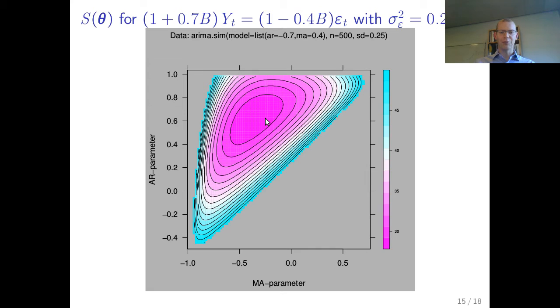You should be aware of one thing, that is the AR parameter here is positive, whereas if you move this to the right hand side, it will be negative. So the estimate you'll get in ARIMA would be negative. That's also why the simulation here is done with minus 0.7.